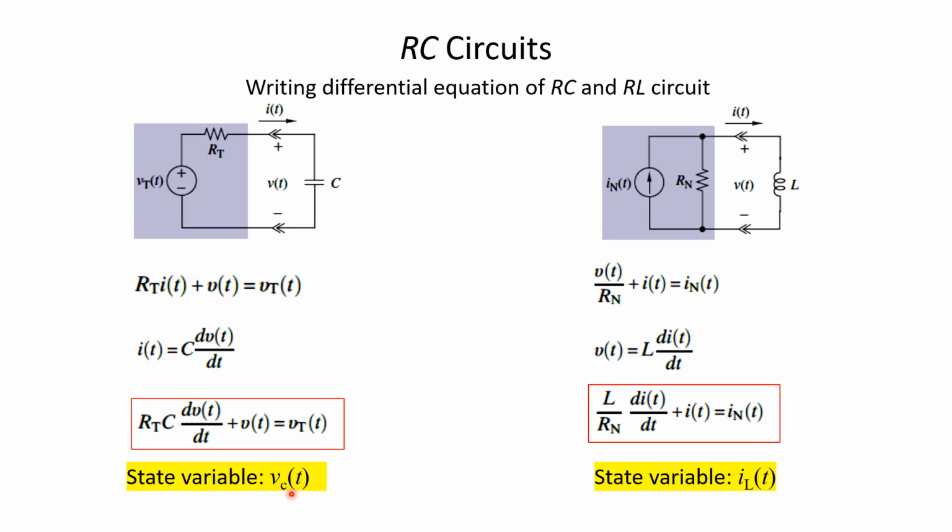So the capacitor voltage appears in the energy stored expression of the capacitor, and the inductor current appears in the energy stored expression of the inductor. So if we know the inductor current and the capacitor voltage, we can determine the remaining voltages and currents in the circuit.